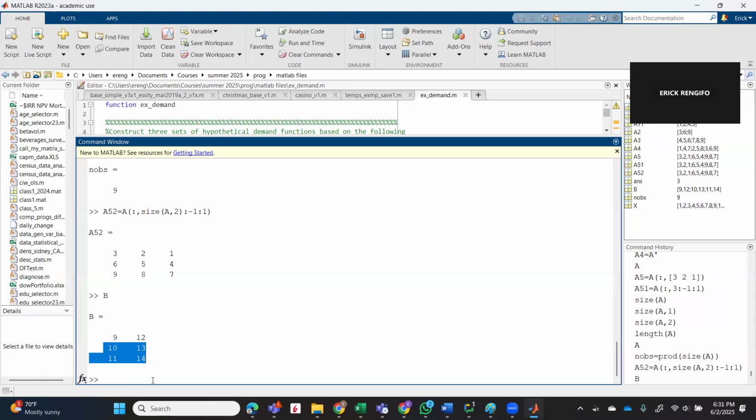I call this B. Now I want the number of rows. I want row number 2, etc. So I should change this to size of B, 1. Well, it's not a good example. Well, perhaps yes. What I want from here is for this one to appear last, this to stay, and this one here to go up and become the first row. How do you do that?